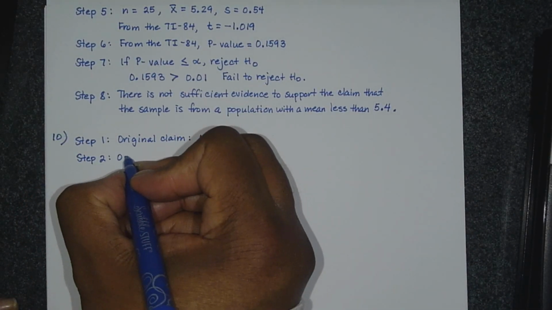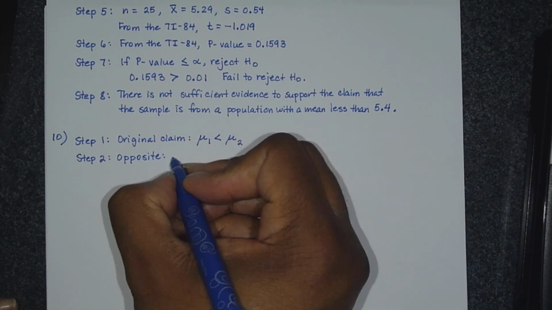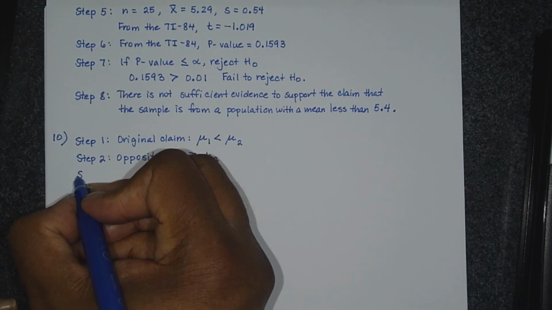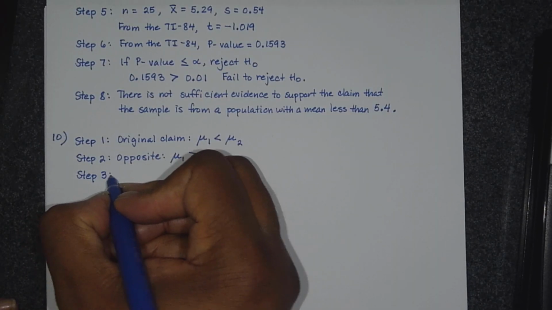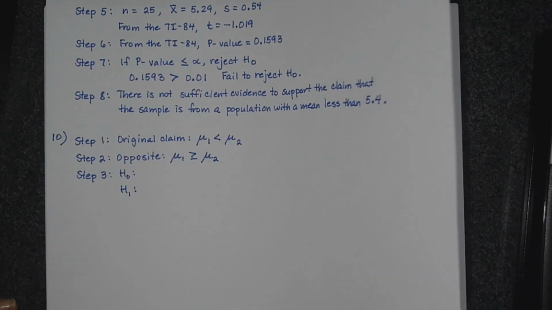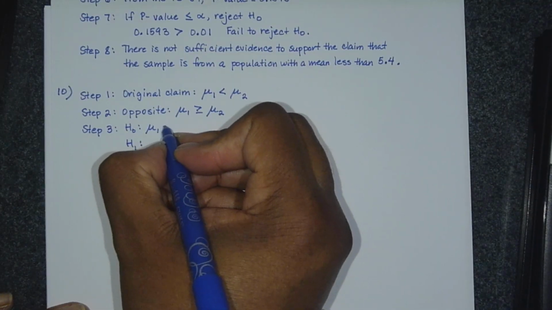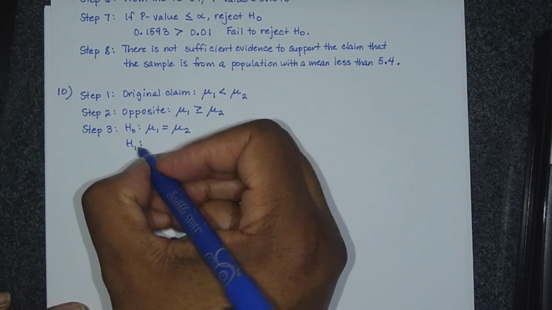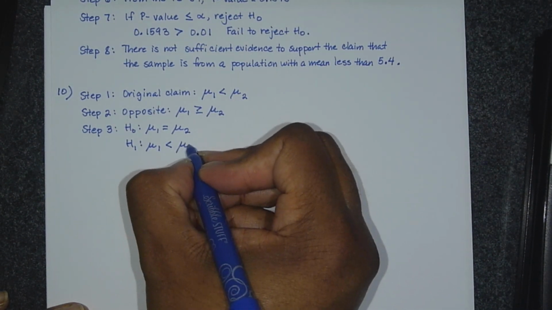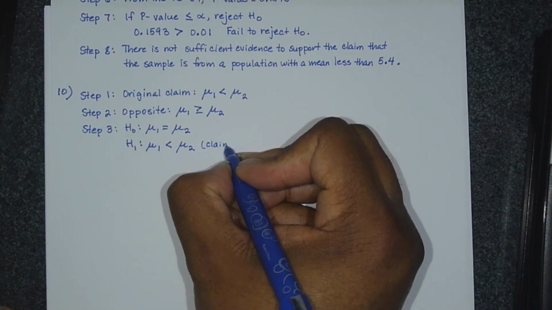Step number 2 is the opposite of the original claim. Greater than or equal to. So it'd be mu sub 1 is greater than or equal to mu sub 2. And then step 3 is the null and the alternative hypothesis. The null will be equal. And your alternative will have to be the claim. Mu sub 1 is less than mu sub 2. And I will put claim in parentheses here.